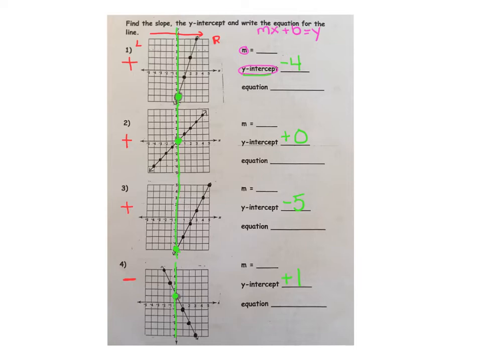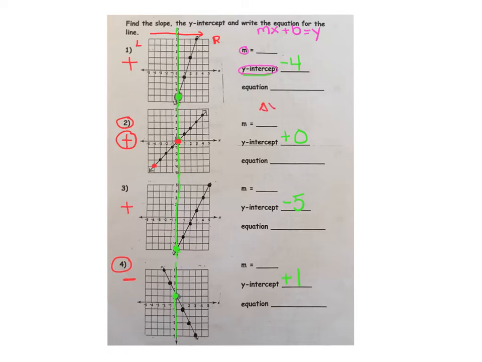Let's take a look at problem 2 and problem 4 together. We need to find the slope for this line. Obviously, it's a positive slope. You can put your pencil point on the anchor point or the y-intercept, or you can start at the point on the line furthest to the left as you quickly come up with the rise and the run, or the delta y, moving up or down, over the delta x.